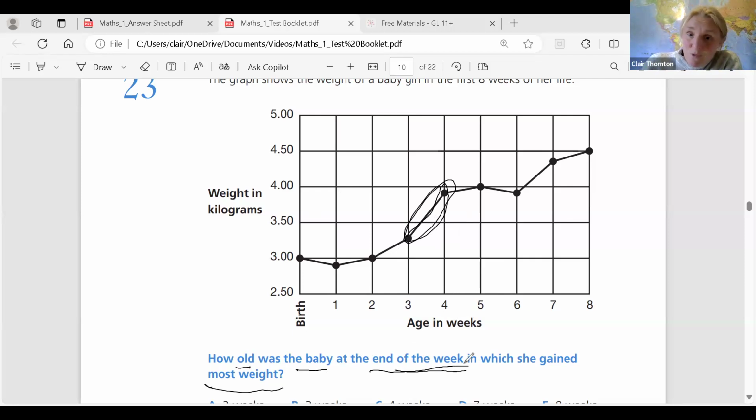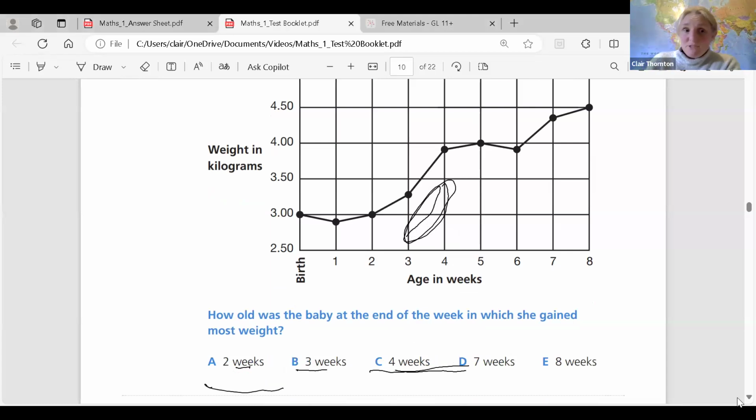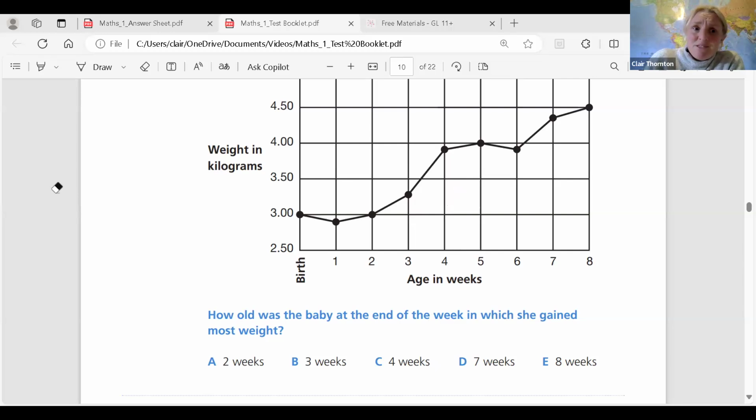At the end of the week is also important. Because when we look at the answers, even if we've established that it is that bit, look at my possibilities of answers here. I've got 3 weeks and 4 weeks. So I need to be really careful that I'm looking at what it's asking me to do, which is obviously the end of the week.